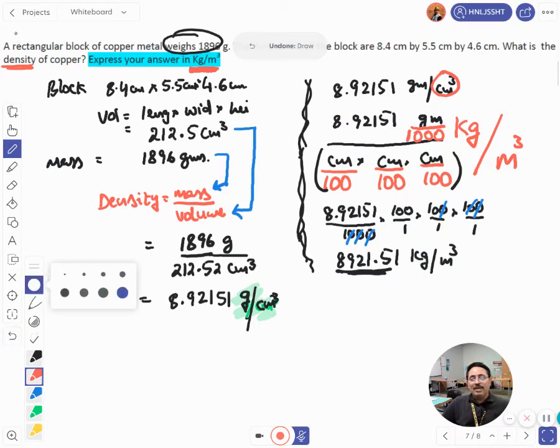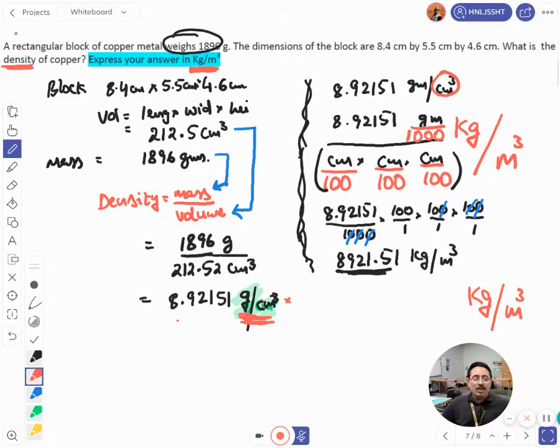If you want to convert from grams per cubic centimeter to kilograms per cubic meter, simply multiply whatever answer you got by 1000. I repeat, if it is in grams per cubic centimeter and you want kilograms per cubic meter, simply multiply by 1000, and you get the answer.